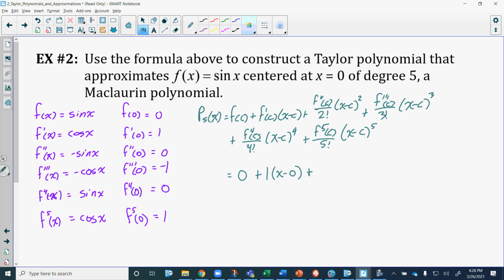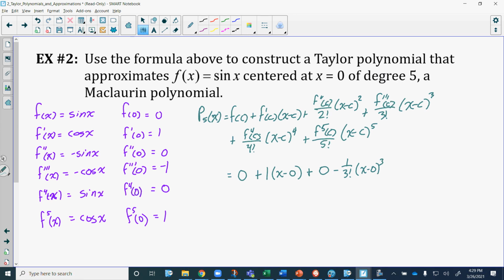This next one, we had 0 over 2 factorial times whatever, but because we have a 0 in the numerator, we're going to wind up with a 0 for our second derivative spot. For the third derivative, we had a negative 1, so I'm going to get negative 1 over 3 factorial times x minus 0 cubed.